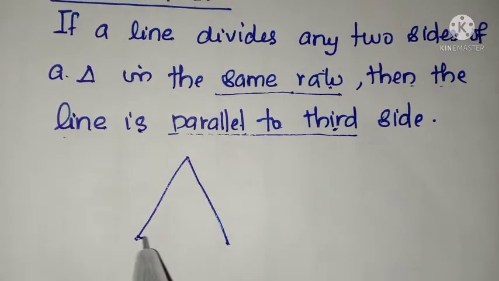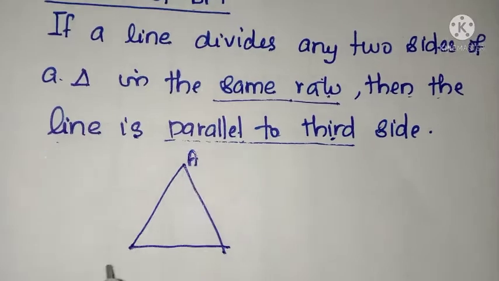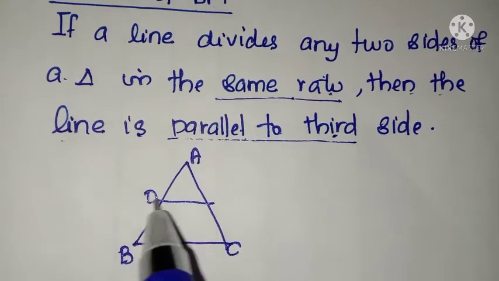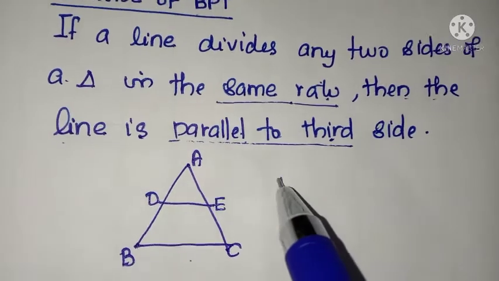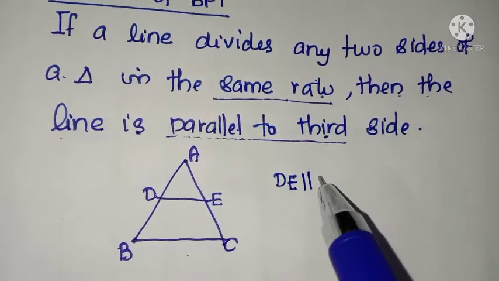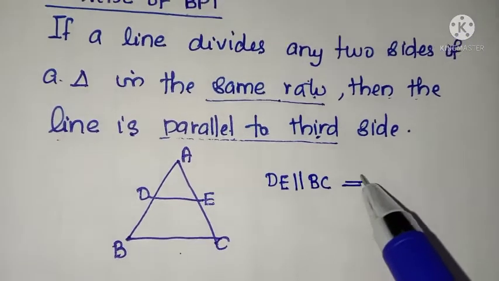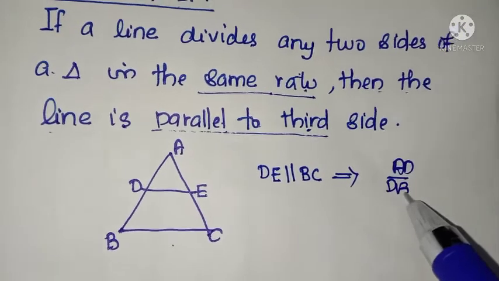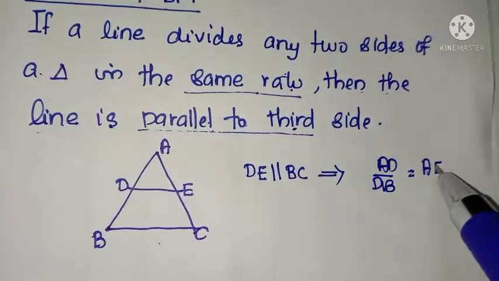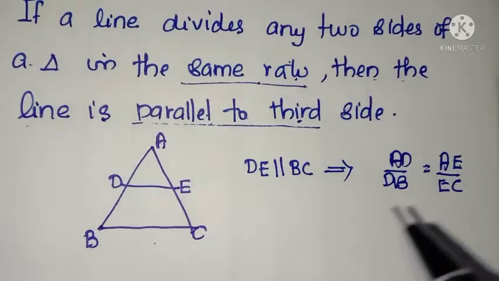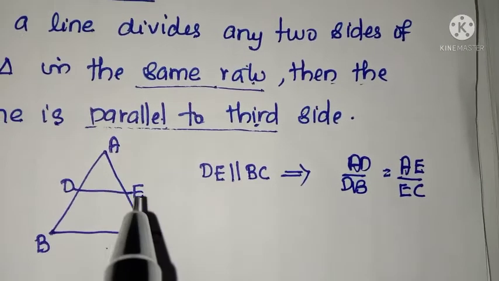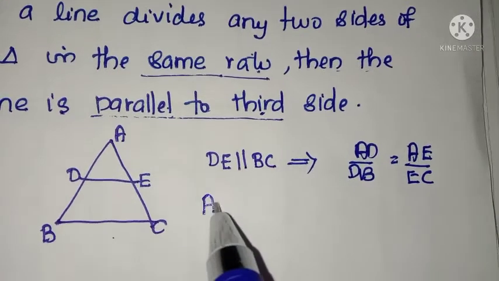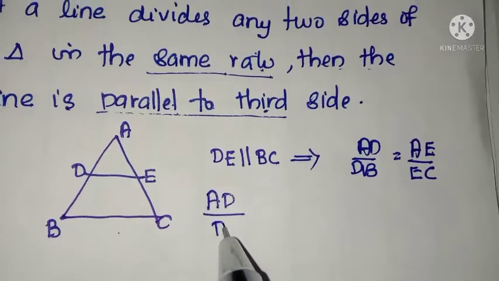Listen, in the basic proportionality theorem, the given condition is DE is parallel to BC. This is the given condition. And we prove AD by DB is equal to AE by EC. This is the basic proportionality theorem. Now listen, in the converse of the basic proportionality theorem the ratio is given.